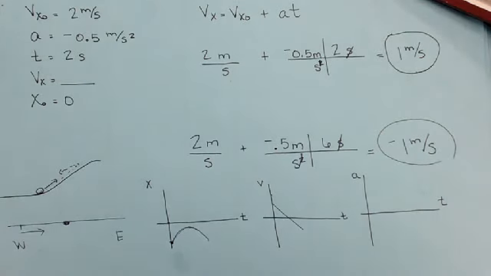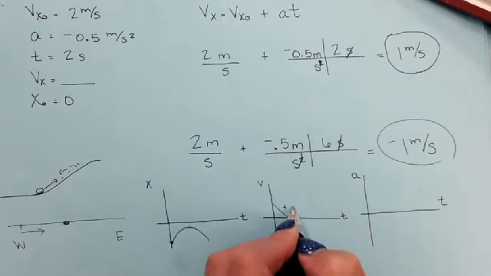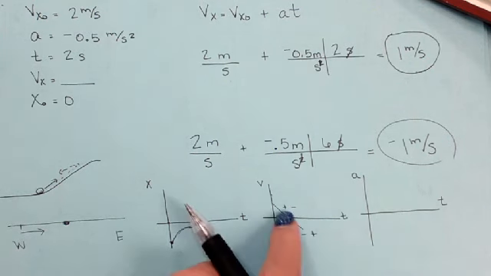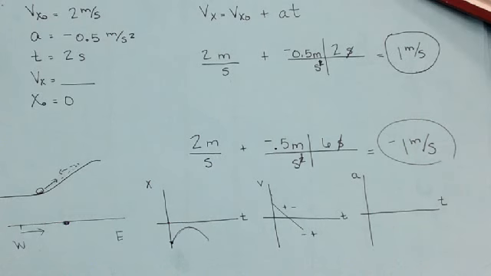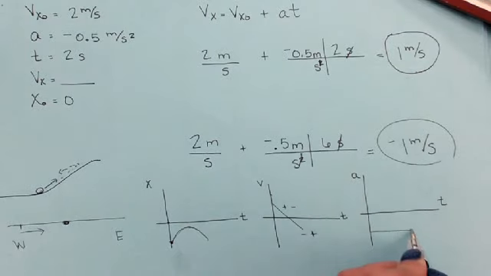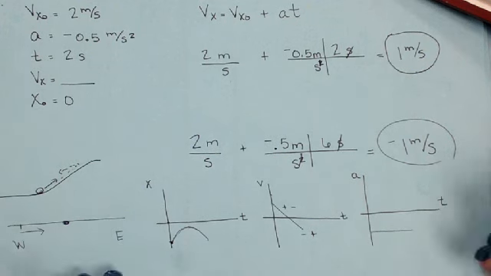For my acceleration, it was headed in a positive direction and slowing down, and then it was headed in a negative direction and speeding up. So the entire time I have a negative acceleration. That's one way of looking at it. Also, the slope on this line tells me I have a negative acceleration. Negative slope, negative acceleration. Okay, so that's the end of number 23.